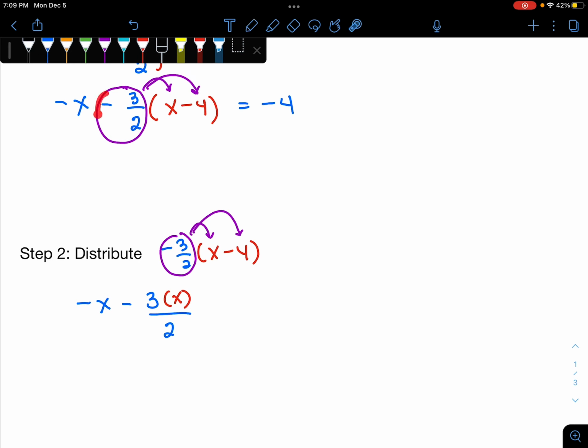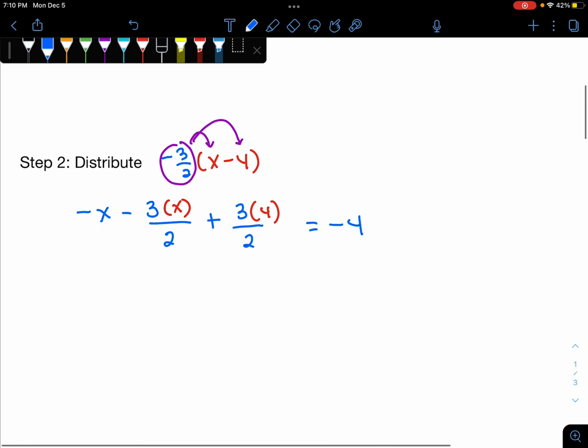Now we do negative 3 over 2 times negative 4. We know that a negative times a negative is a positive. So I'll put plus, and then 3 times 4 over 2. Okay, all I did was distribute negative 3 over 2 times x, negative 3 over 2 times negative 4, which is equal to negative 4.